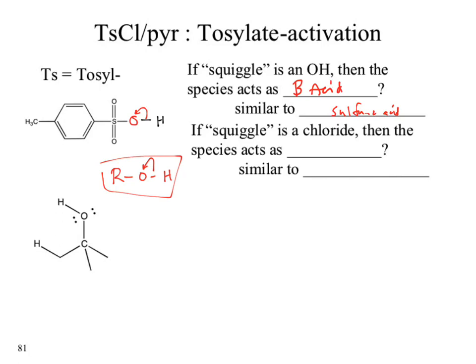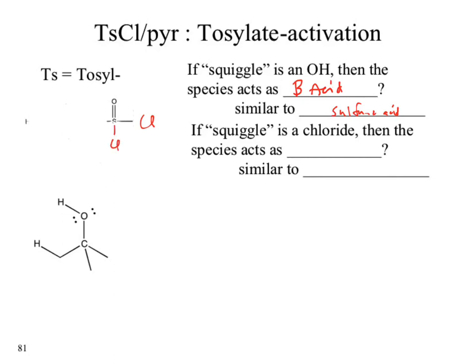What happens if instead of the squiggle or OH, I put in instead a chloride? Does that look kind of familiar?